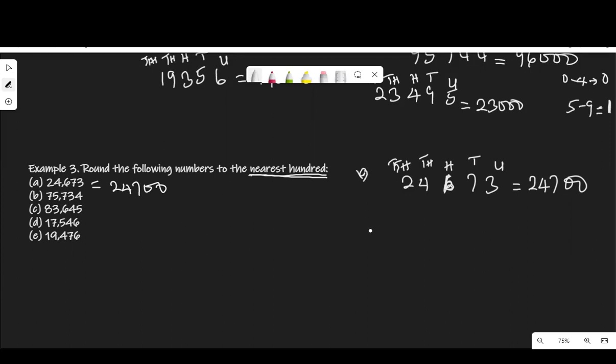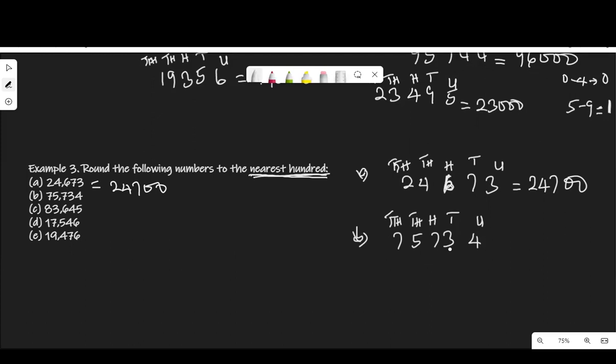And let's look for B. B we have 75,734, indicating their place value: unit, tens, 100, 1,000, and 10,000. We are rounding to the nearest 100. So we look for the digit that is in 100 position. In this case, it is 7.